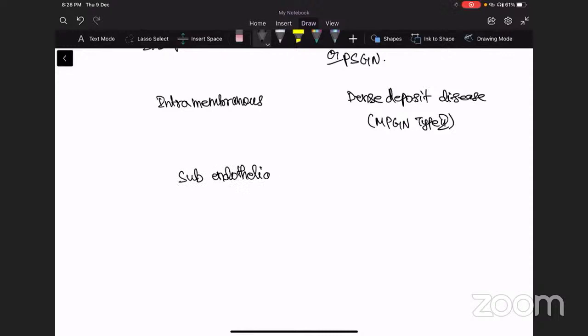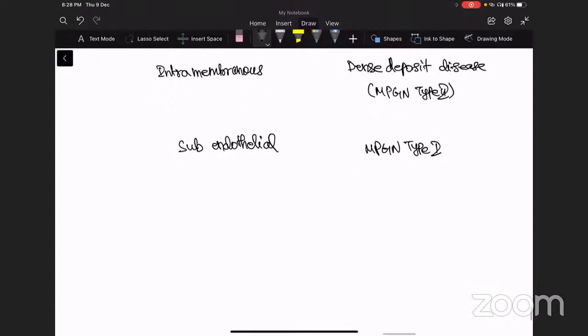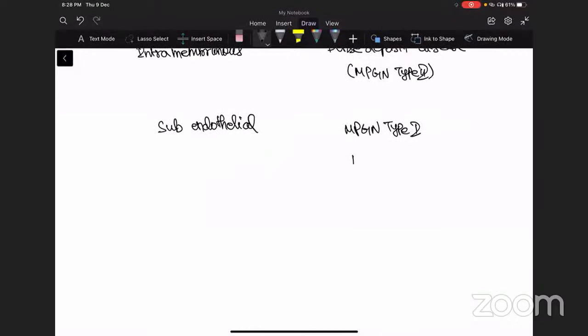Subendothelial deposits are seen in MPGN type 1 and also in lupus nephritis class 3 and 4.